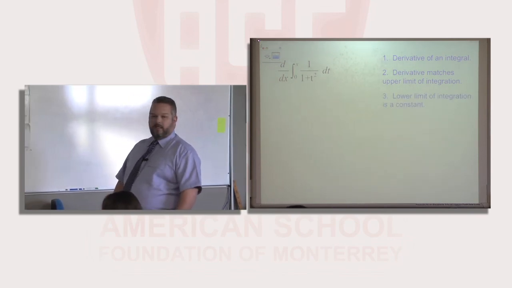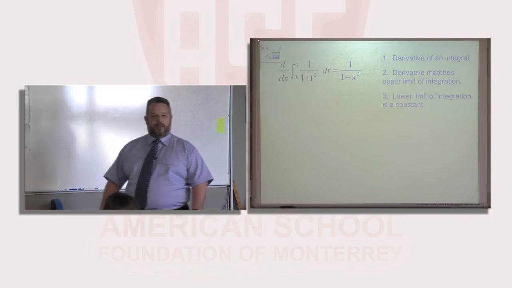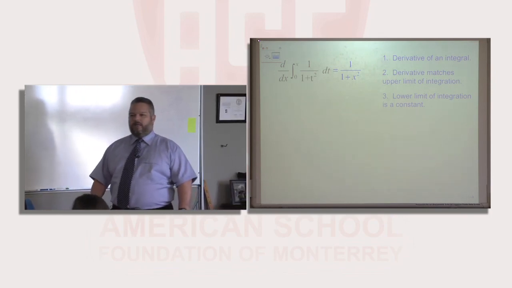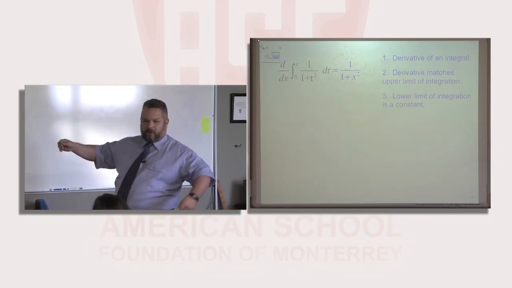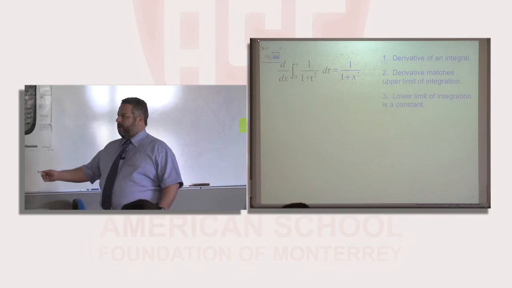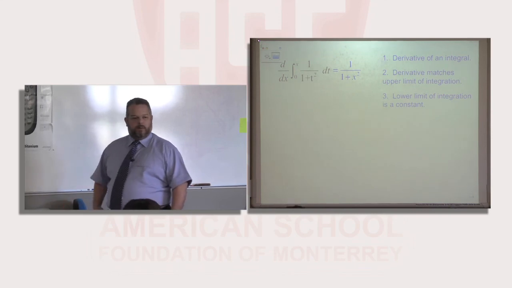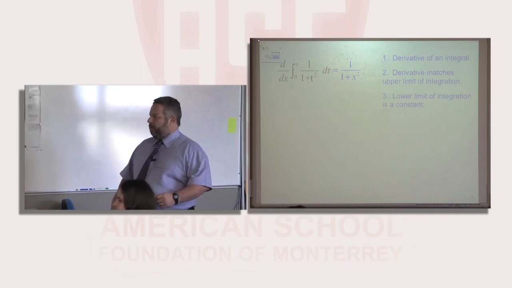So the rule says, and so what do I do? Piece of cake. Right? Very easy. The derivative and the integral kind of undo each other. We're left with 1 over 1 plus x squared. It becomes a function of x. Make sense? Okay? Very quick.